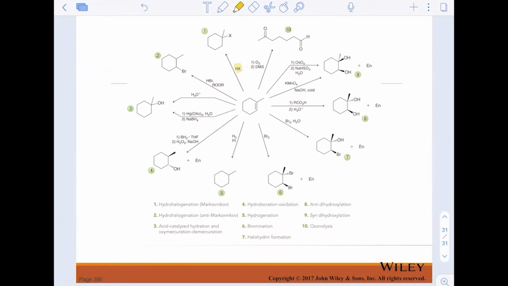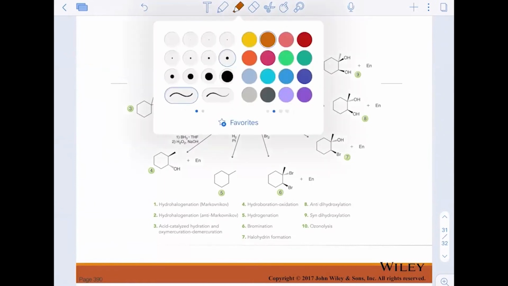The addition of HX, Markovnikov addition, when we add H3O plus, those two are the Markovnikov additions where we see carbocation intermediates. Very similar to that, we had oxymercuration, and that is a Markovnikov addition, but without a carbocation rearrangement.